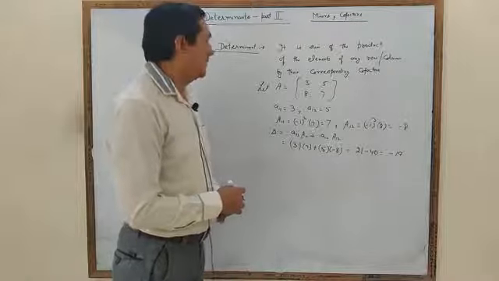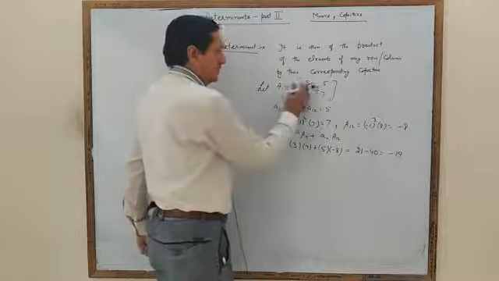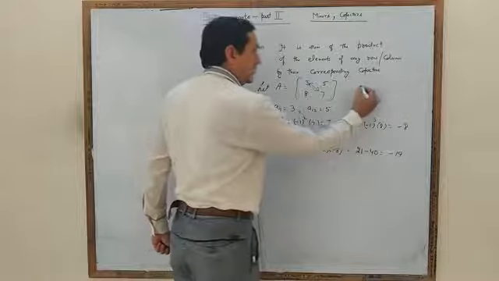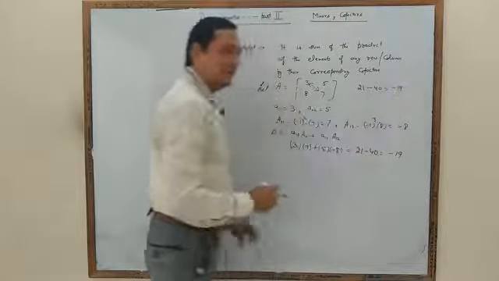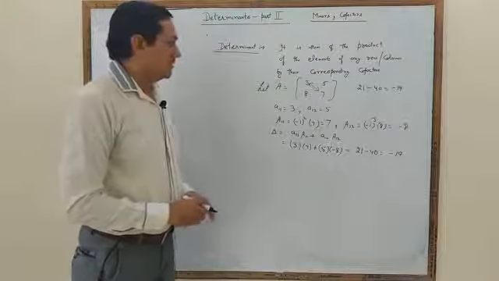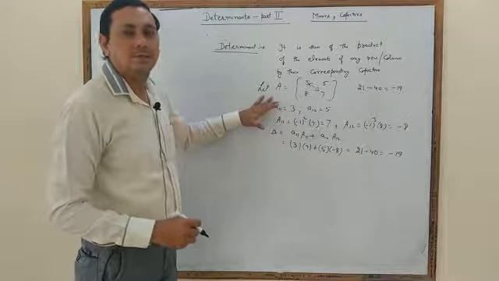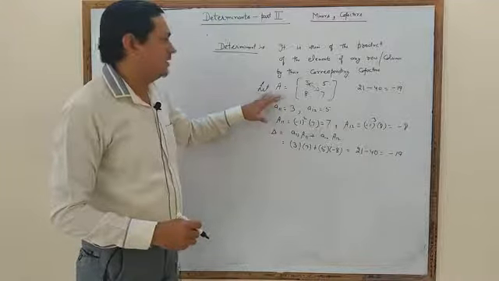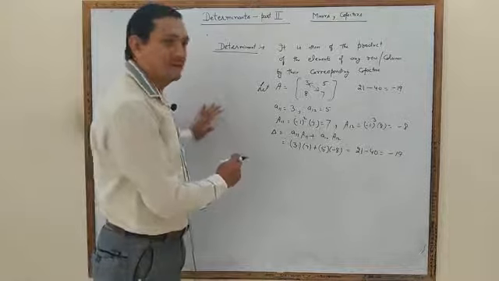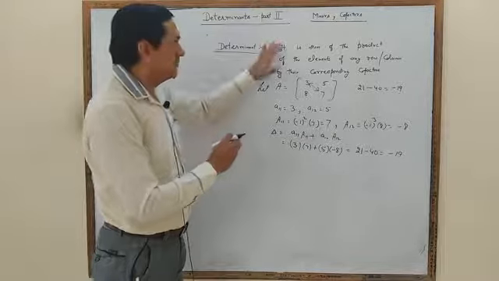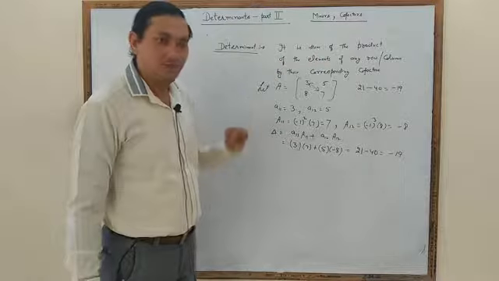As we have learned in previous classes, 3 times 7 is 21 minus 40 gives -19. We learned the methods for order 2 by 2 and 3 by 3 to save our time, but the actual definition of the determinant is the sum of the product of the elements of any row or column by their corresponding cofactors.